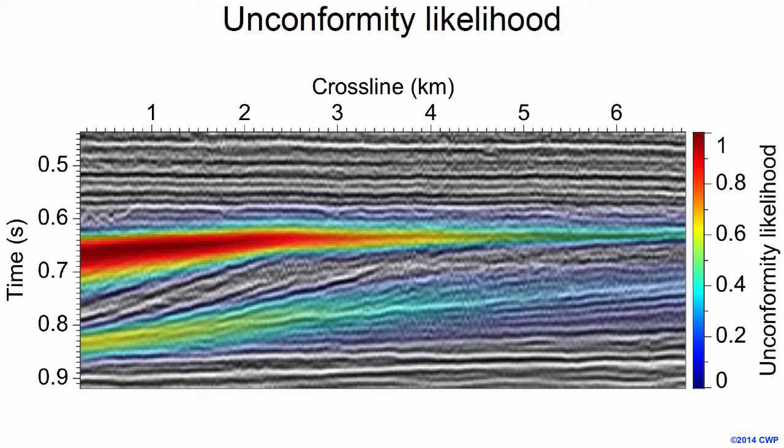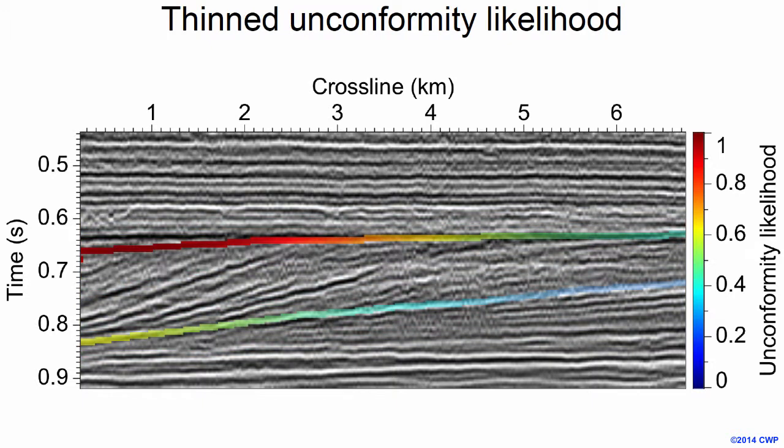In this unconformity negative image, the large values denoted by the red color indicate the positions of the unconformities. And the ridges of this unconformity negative image shown here provide more resolvable positions of the two unconformities in the seismic image. We call these ridges the thin unconformity negative image.